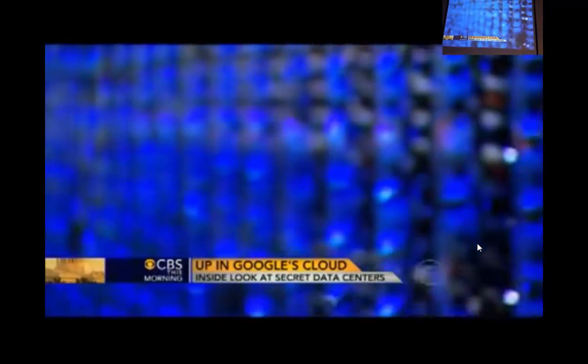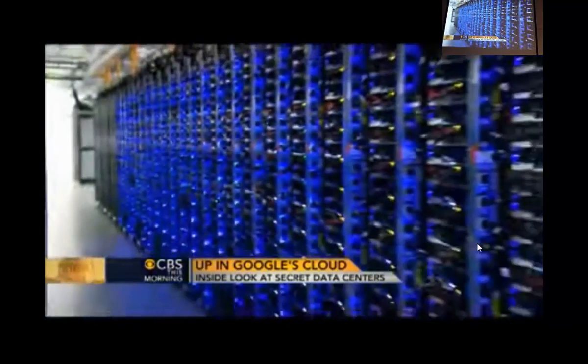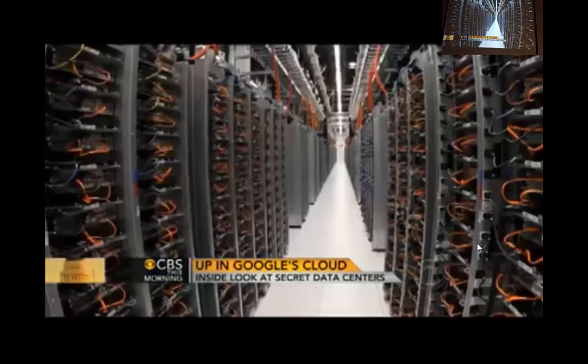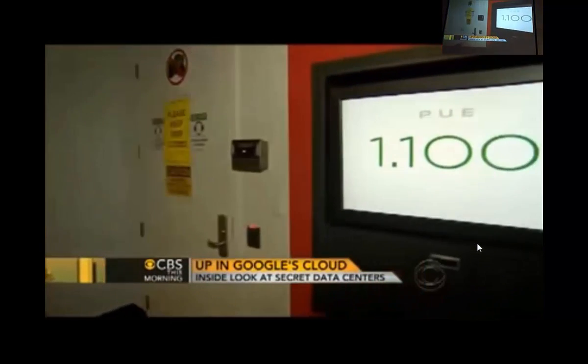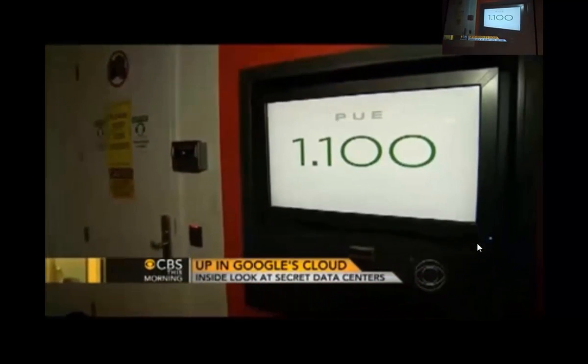Google reduced a lot of its energy consumption by simply raising the temperature on the server floor from a chilly 68 degrees to a balmy 80. We're estimating that we saved over $1 billion in the history of Google through these efficiency measures. At Lenore, Google says only 10% of the electricity is not used to power its servers.